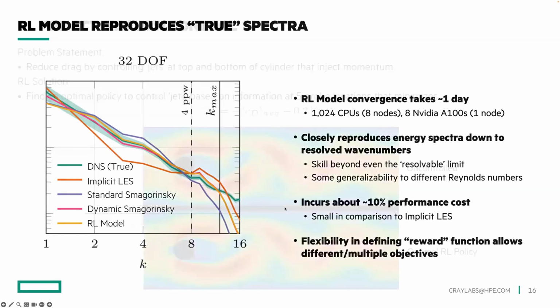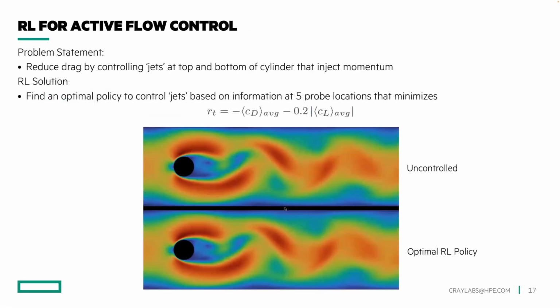But with a different reinforcement learning reward and agent, they could develop a different use case, and this is the idea of reducing drag by controlling jets at the top and bottom of a cylinder that inject momentum. So what do we mean? Well, we have here a parabolic profile injecting a flow into this domain, and there's an obstacle here.